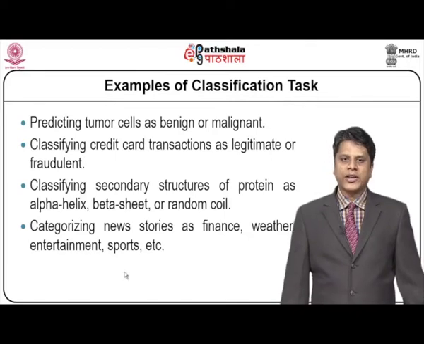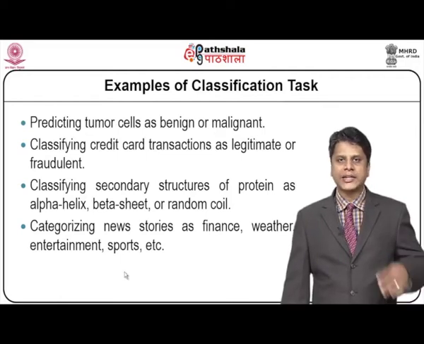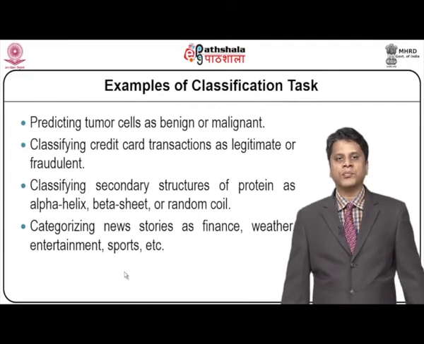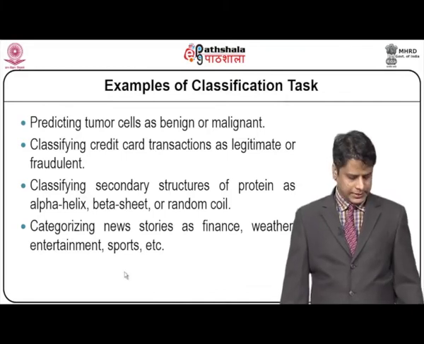Classifying secondary structures of proteins as alpha helix, beta sheet or random coil is also part of the biomolecular study of classification. And categorizing news stories such as finance, weather, entertainment, sports might also be one of the classification tasks.